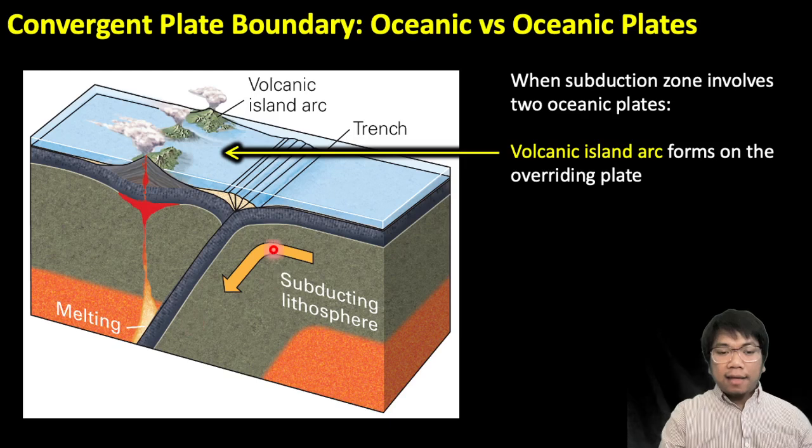Okay, and again the same process occurs. We have subduction, and with oceanic versus oceanic plates, this process is typically characterized by the formation of a volcanic island arc, which is very common in the Pacific Ocean.